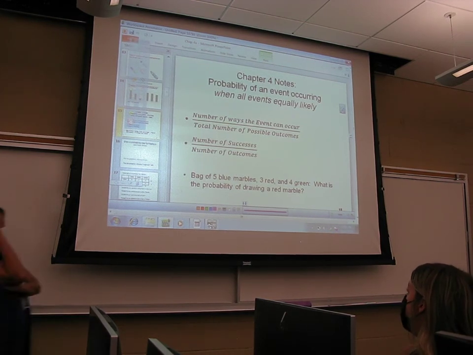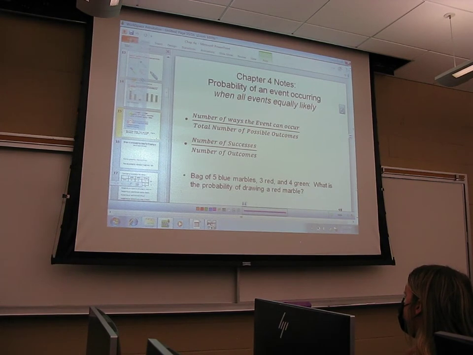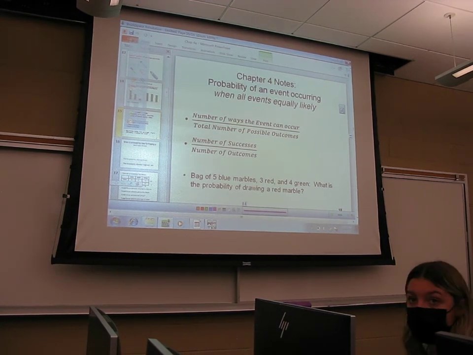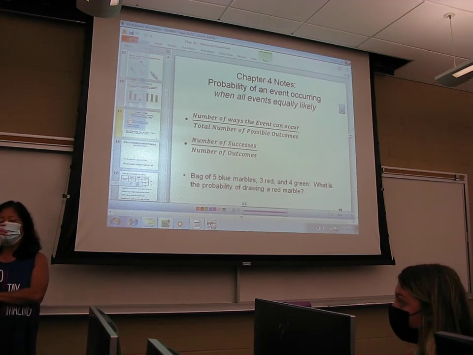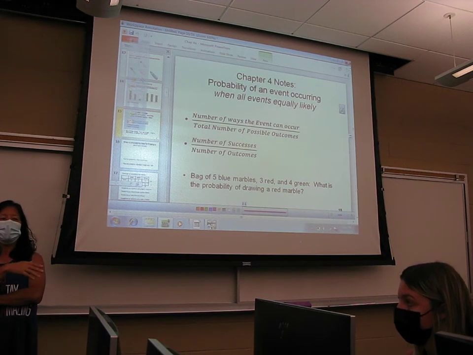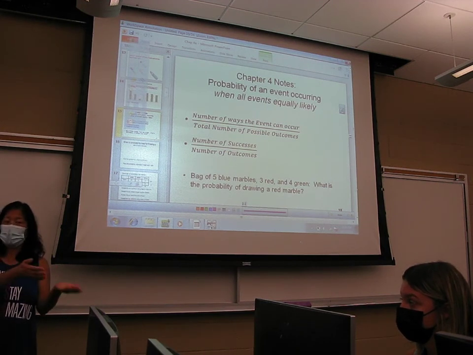So just a couple reminders of some of the key things from last class from chapter 4. Probability of an event occurring when all events are equally likely. Incidentally, crashing in an airplane and not crashing an airplane. Are those events equally likely? You have two options, either crash or don't crash. Does that make them equally likely?